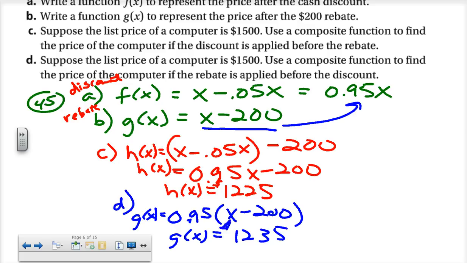So the better deal is definitely through C, and that would be they're going to do the 95% cost first, so the 5% discount, and then subtract the $200 from the cost.